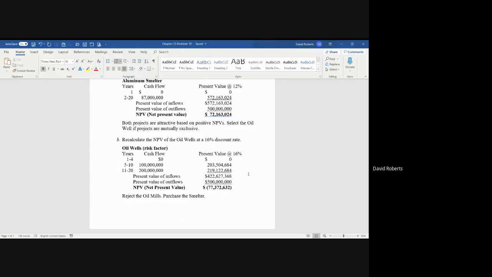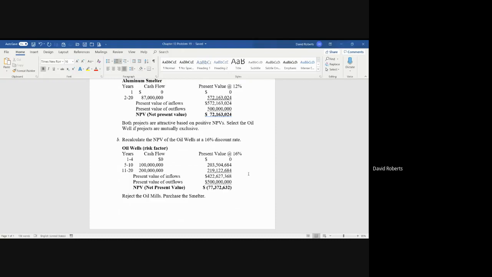We go through the exact same process we did in part A, and the only thing we change is the 12% to 16. All the other numbers stay the same. Obviously, our present value will go down because we're using a higher discount rate, and you wind up with a present value of $422 million.